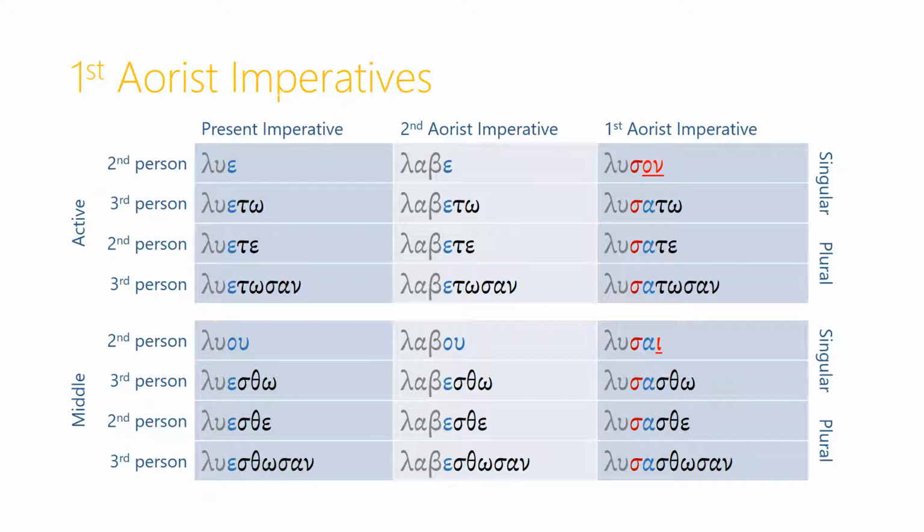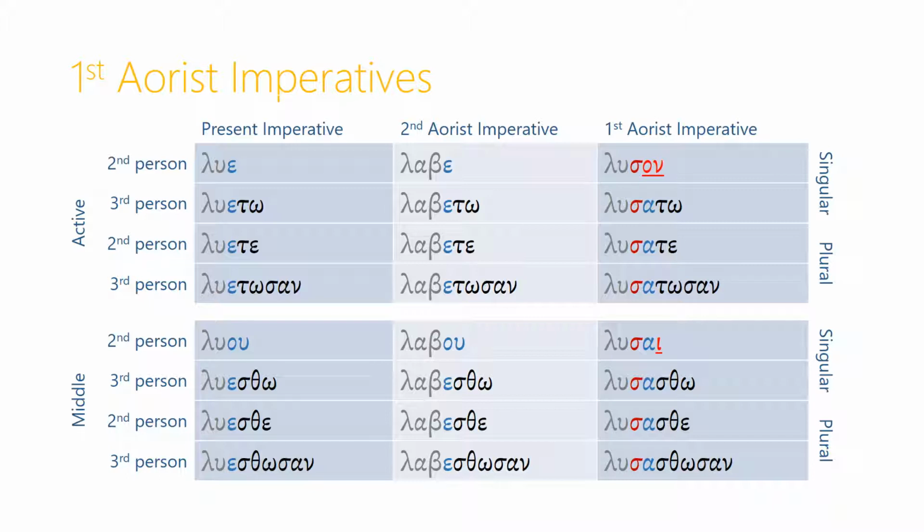To, te, and tosan in the active voice, and estho, esthe, and esthosan in the middle voice. And again, the middle endings are really just the active endings substituting sigma theta in place of the tau.